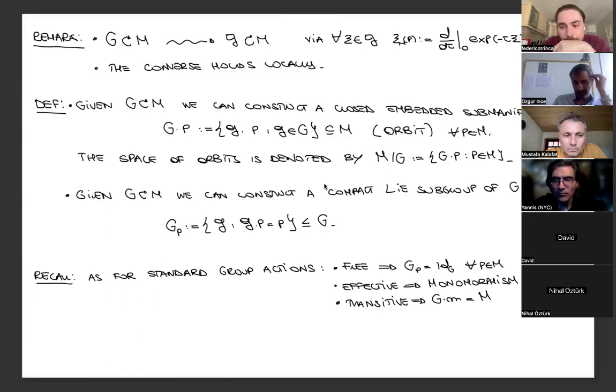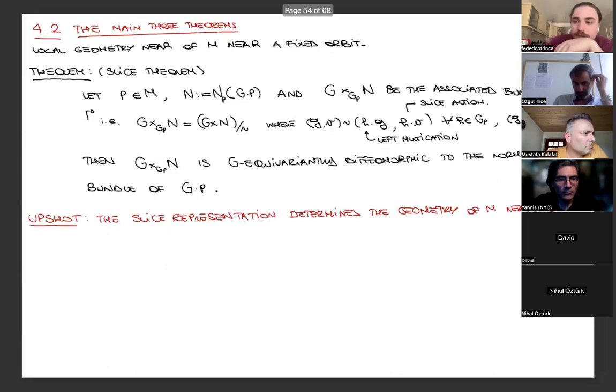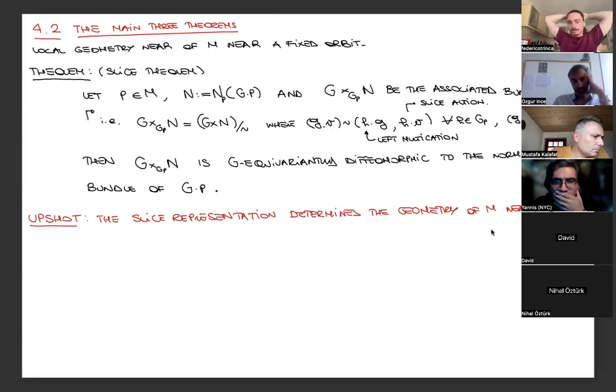Okay, then these are the main theorems that I would like to recall. The first one is Lie's theorem, and essentially it says that the local geometry near a fixed orbit is determined by algebra.